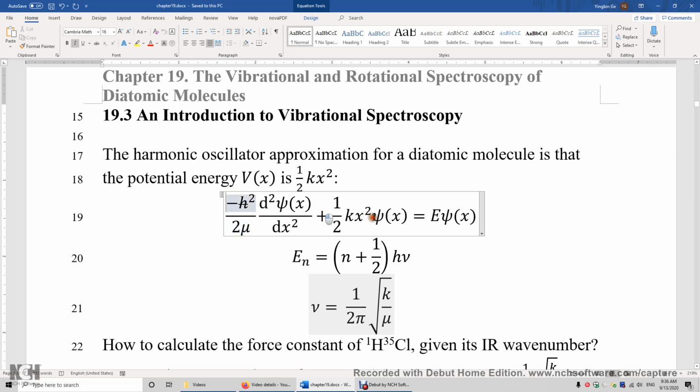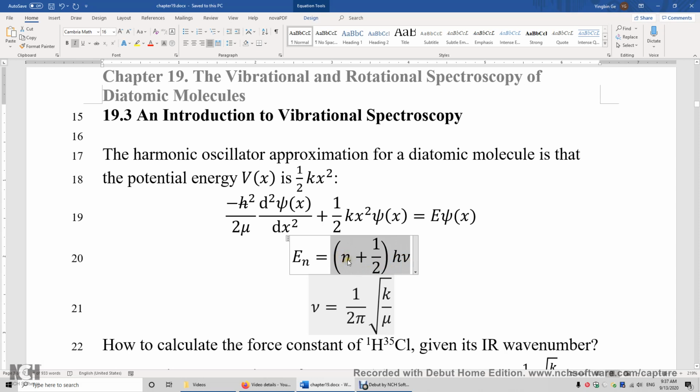Now, if we solve this equation, we'll see the energy. The vibrational energy is quantized. The vibrational energy of a harmonic oscillator can be 1/2 h nu, 3/2 h nu, 5/2 h nu, 7/2 h nu, etc. So it can be expressed in this form, where this n is a non-negative integer.